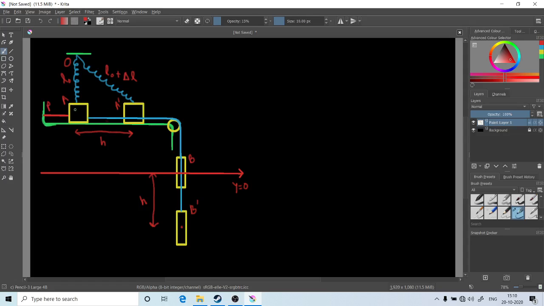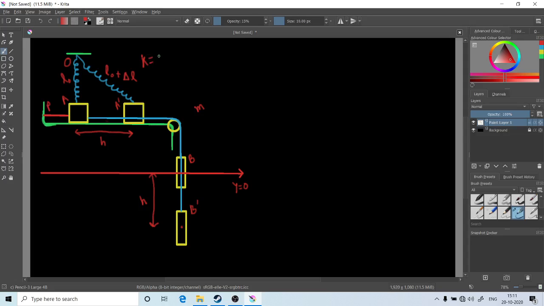So bars A and B have the same mass, let's say m. Besides, the bar is also attached to a point O by means of a light non-deformed spring of length L0, which is 50 centimeter.